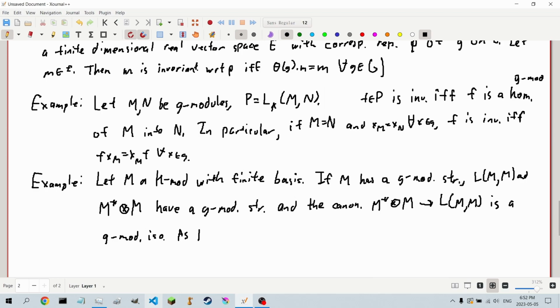Now the map 1 in the linear maps of M into M is obviously an invariant. The corresponding U in M star tensor M, I believe, so 1 is the map sending everything to the identity.